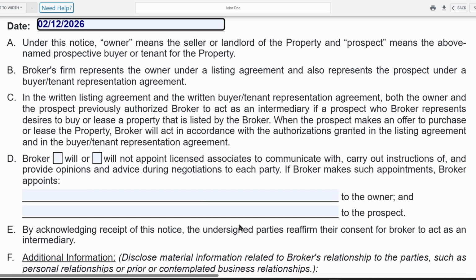At that point, both the buyer and the seller are represented, but we cannot advise. Right? We can give factual information, we can answer factual questions, but we cannot give advice or opinions to either party. It doesn't even matter who we signed first. If we had the listing signed and then brought the buyer on, we have to be impartial to both.